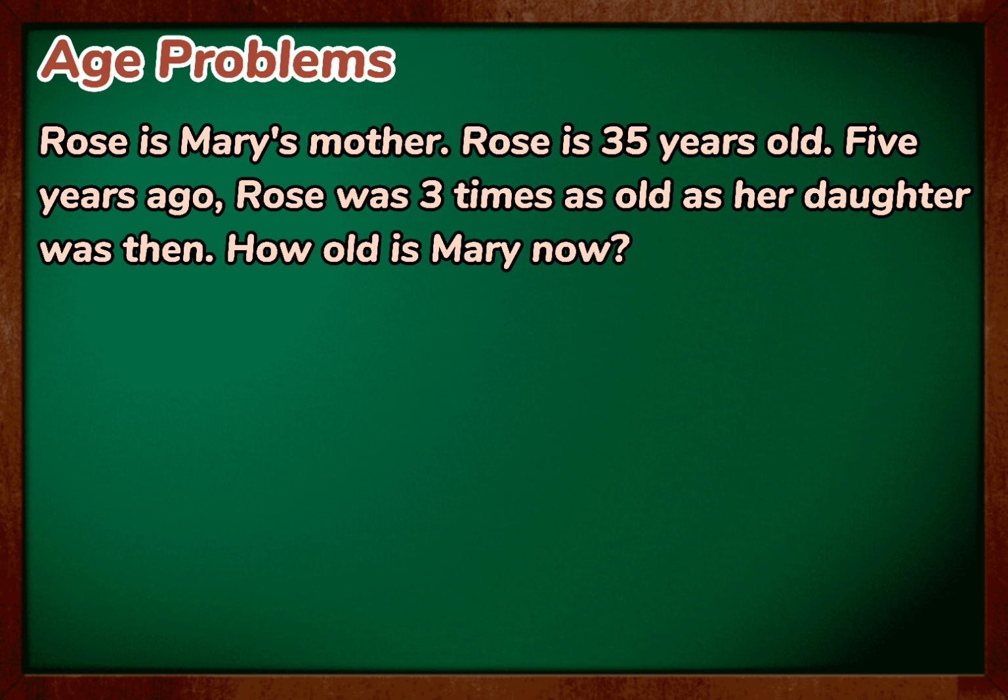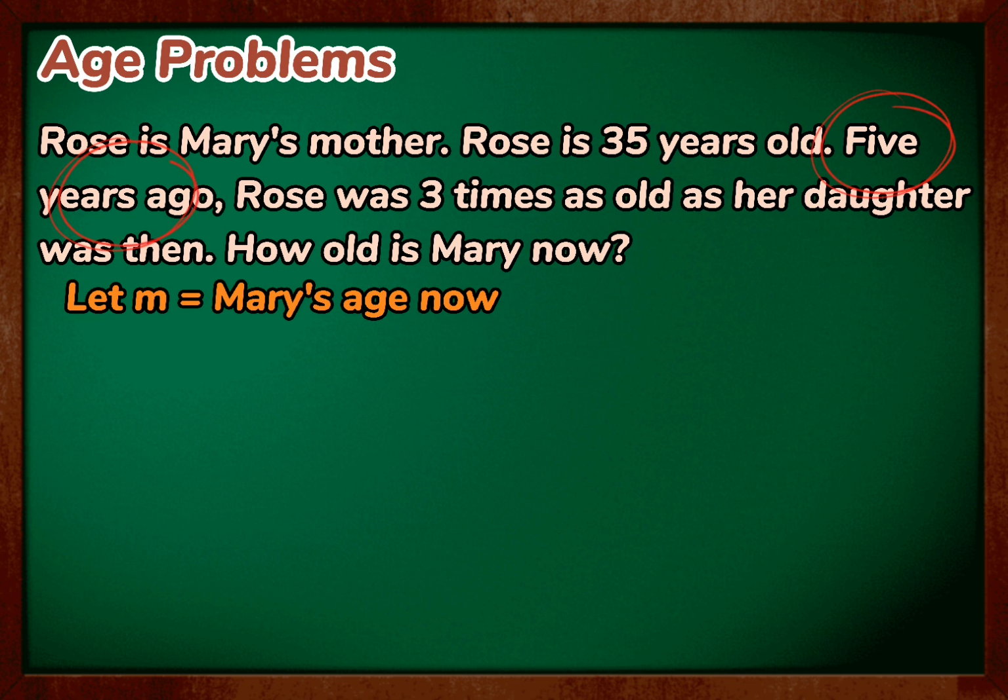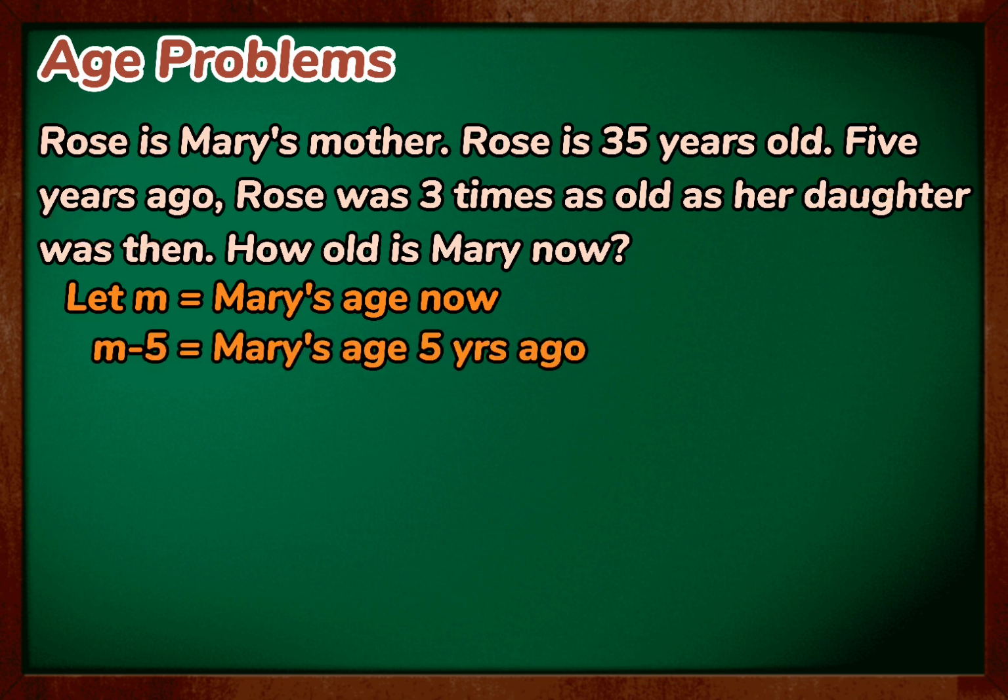First, you formulate an equation from the sentence or phrase. Use also variables to represent their ages. Let M be Mary's age now. And to formulate the equation, 5 years ago, Mary's age would be M minus 5, because if Mary's age now is M, then 5 years ago, that's M minus 5.